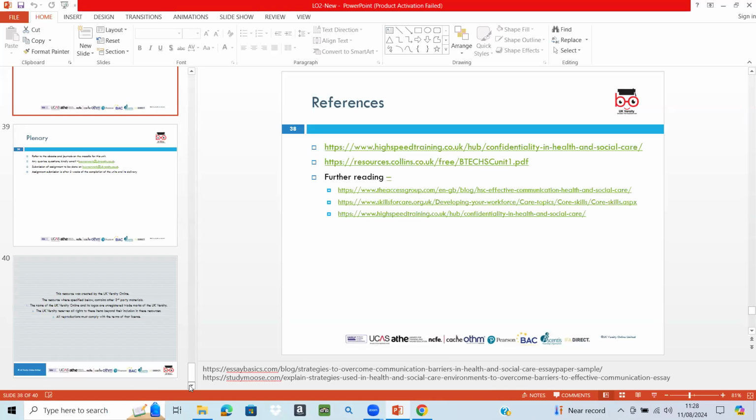We also discussed the barriers that hinder effective communication: language differences, sensory impairments, emotional states, and environmental factors. We also discussed confidentiality, which is a very important factor in ethical and legal responsibilities. We have to protect the service user information.